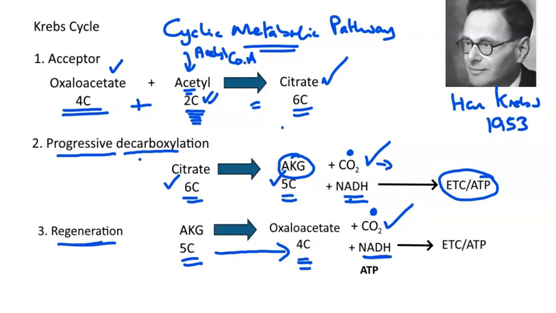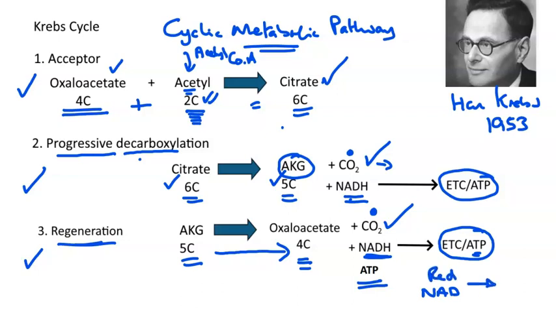Further NAD is reduced, and once more this will be transformed into ATP at the electron chain system, and there's also substrate-based ATP synthesis in this final stage. So the classic stages are the acceptor stage, progressive decarboxylation, and regeneration. We will now go on in the next video to explain how the reduced form of NAD can bring about the synthesis of ATP.